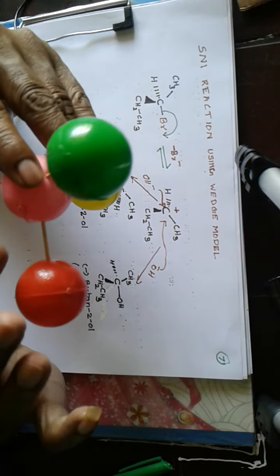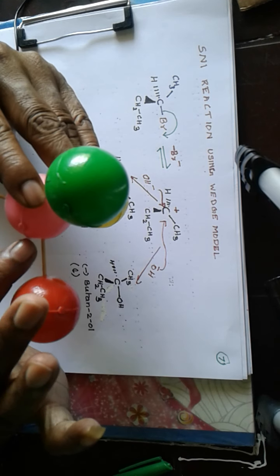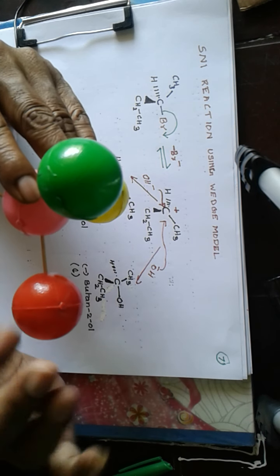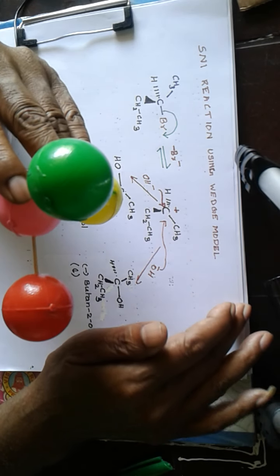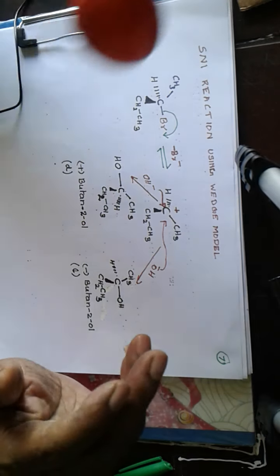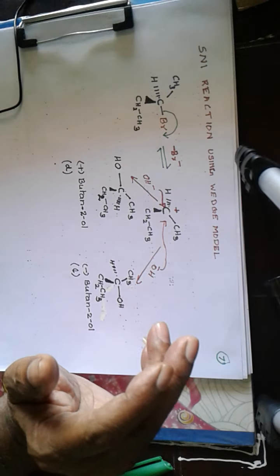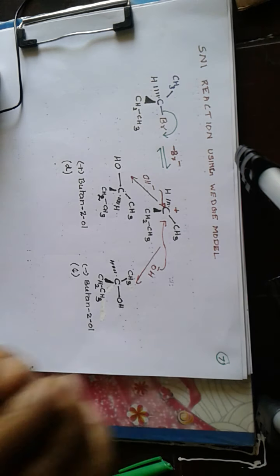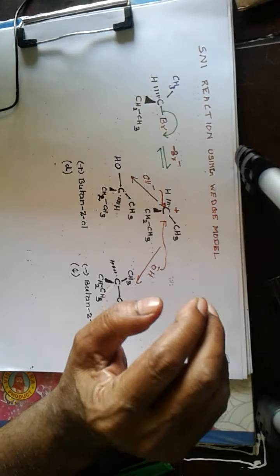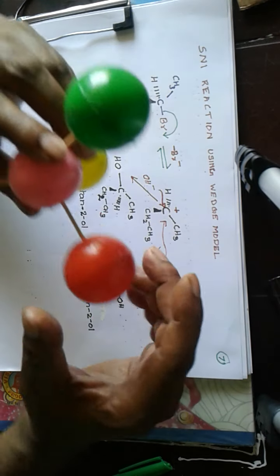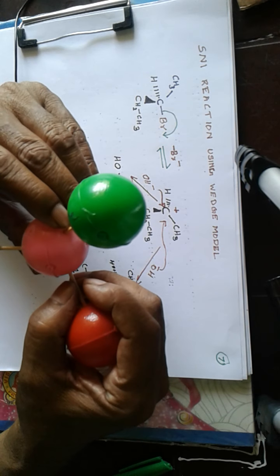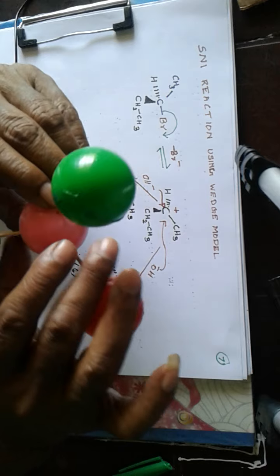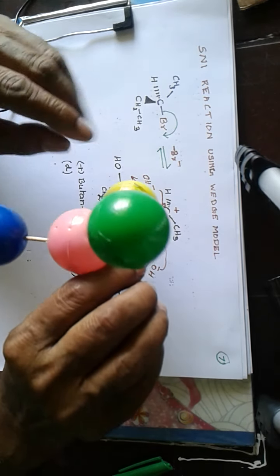Now the C-Br bond is drawn using a normal line which is parallel to the edge of the plane. Then Br minus is removed in an SN1 reaction. Then we get a planar carbocation where Br is now removed.